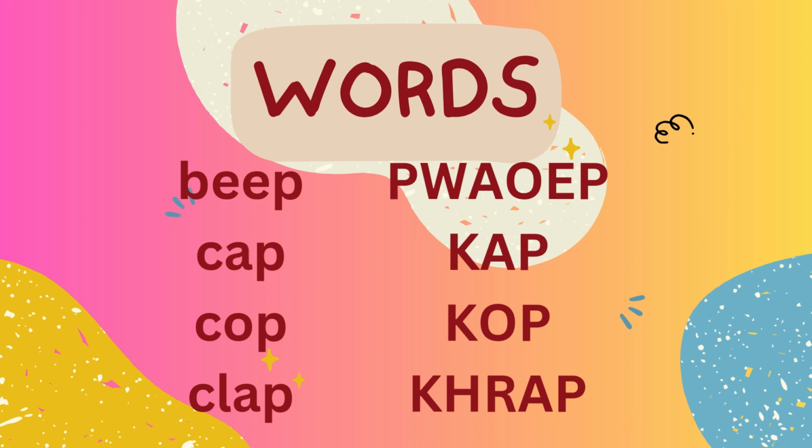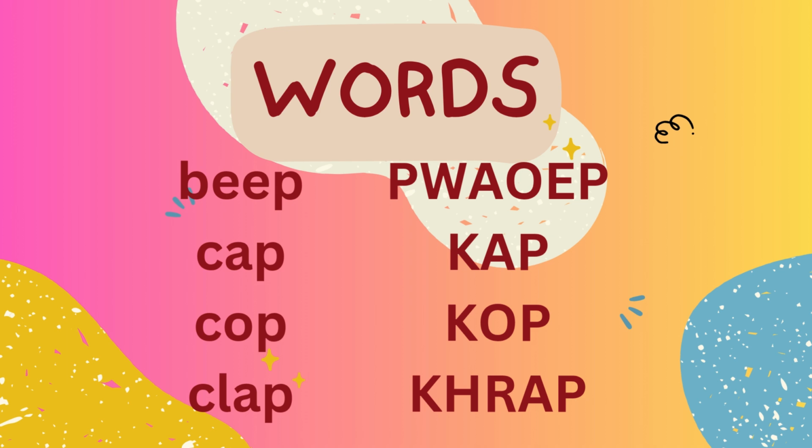We are going to use the left middle finger for initial PW, then left thumb for vowels A and O, right thumb for vowel E, and then right middle finger for final P. So we are going to press the keys simultaneously and then release it immediately.